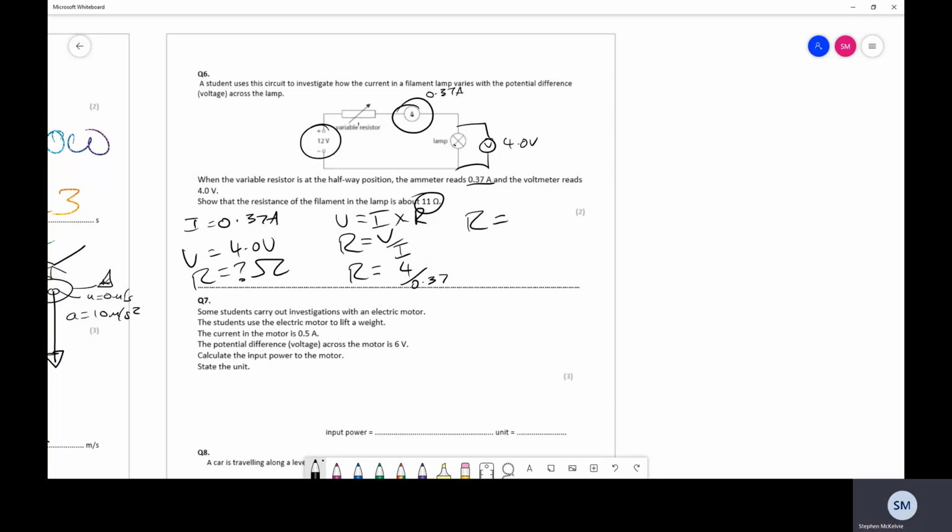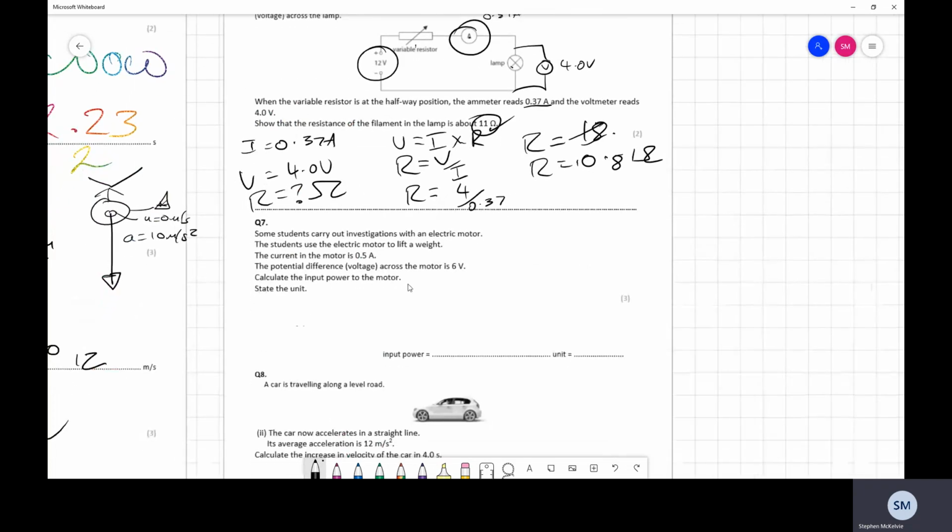R is therefore equal to 10.81. I'm going to leave that as is. Resistance is equal to 10.81 ohms, and that is around about 11.